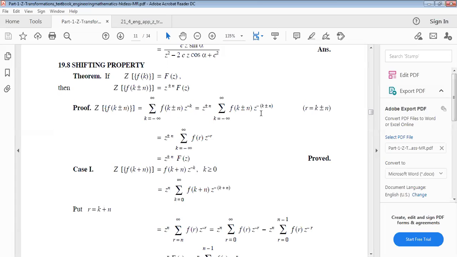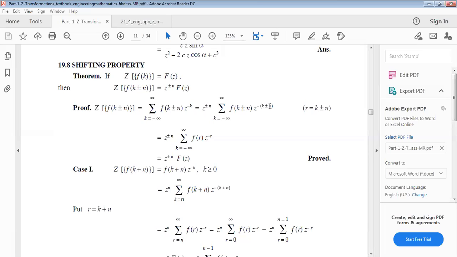Here z to the power minus k is multiplied by z to the power plus minus n, and the other is the opposite sign, so plus minus n will be cancelled. So if we take this z to the power plus minus n in the first way, we have to write z to the power minus k plus minus n.